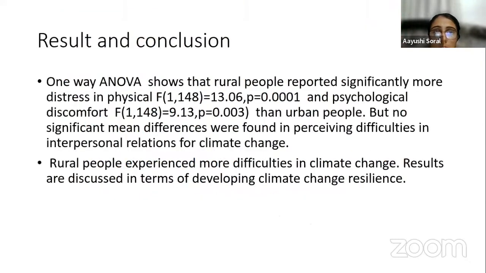First, let's know what the result and conclusion of the study were. One-way ANOVA was used, because it was talking about group differences. One-way ANOVA shows that rural people reported significantly more distress in physical and psychological discomfort than urban people. Rural were higher in comparison to urban, but no significant mean difference was found in perceiving difficulties in interpersonal relations due to climate change.